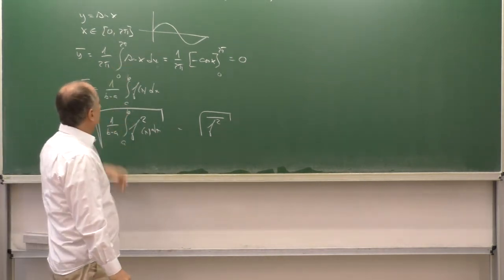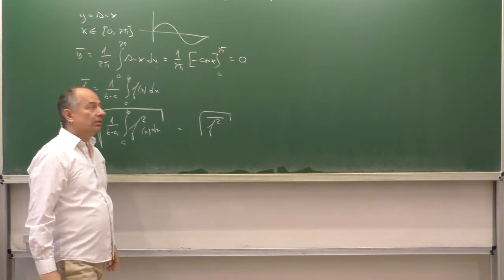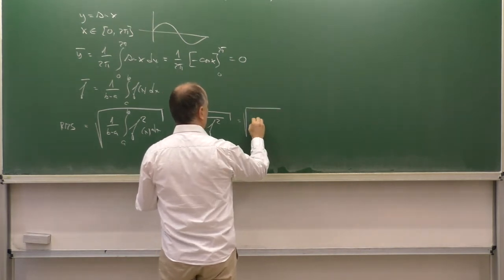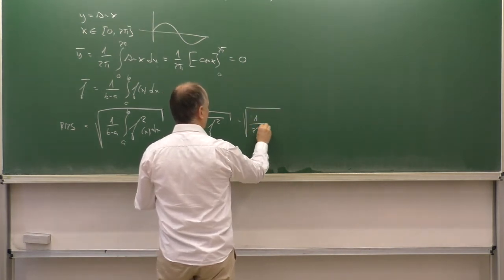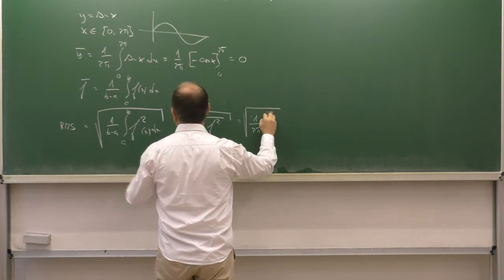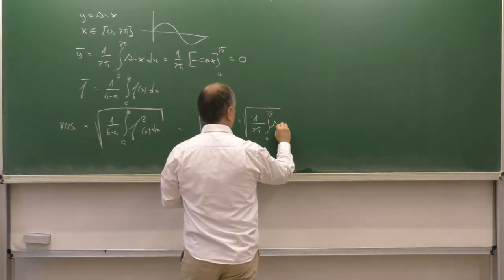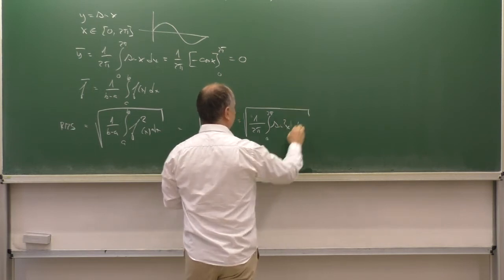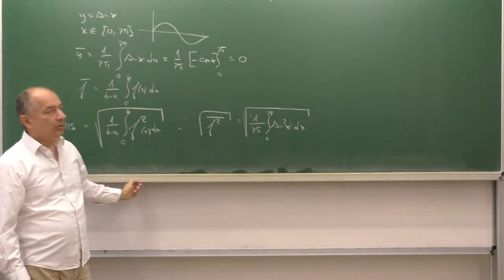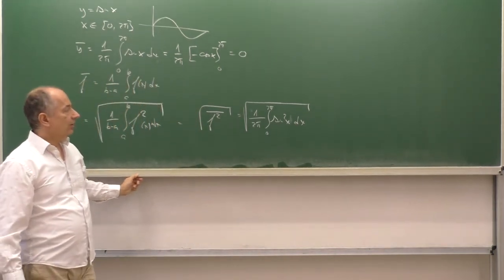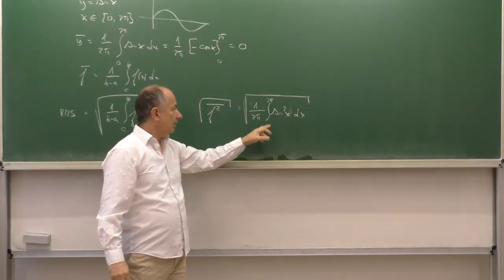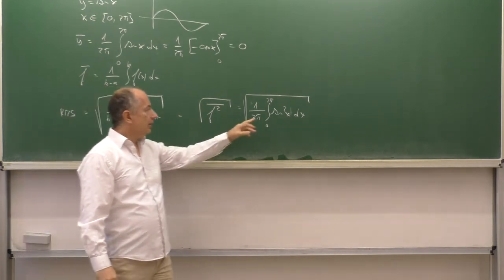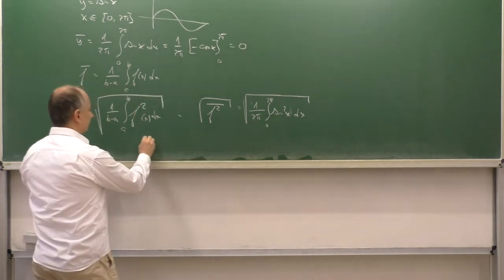Let's consider the root mean square value for the function sine. So that will be square root of 1 over 2 pi, integral from 0 to 2 pi, sine squared x dx. But we have seen that sine squared, when integrated in nice limits, that means when the limits are integer multiples of pi half, is equal to integrating 1/2.